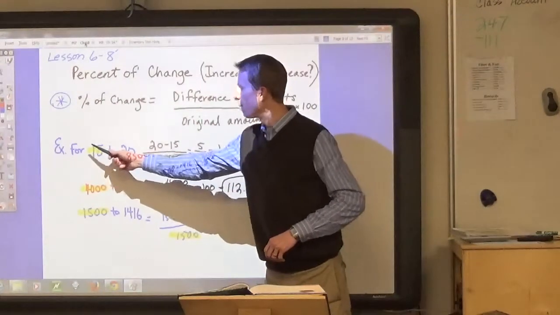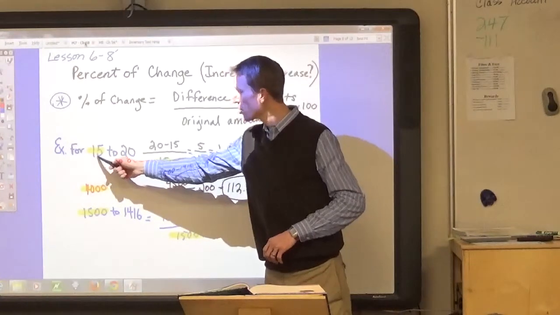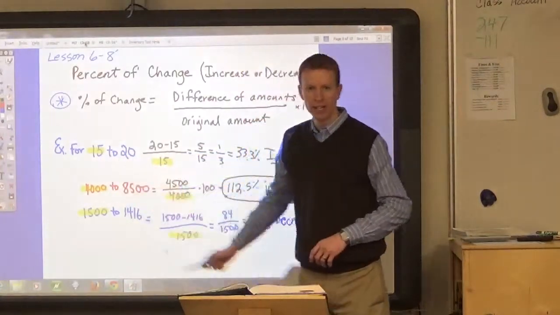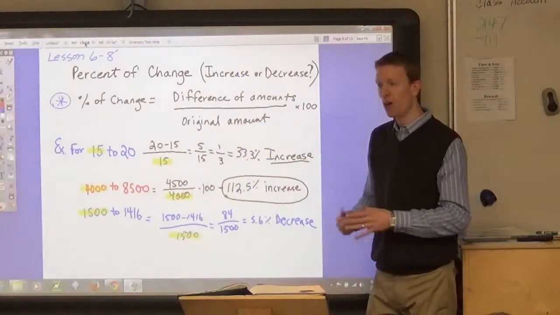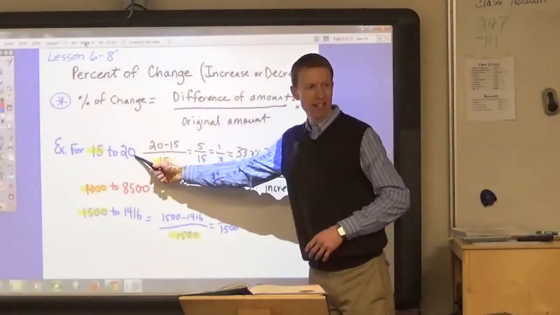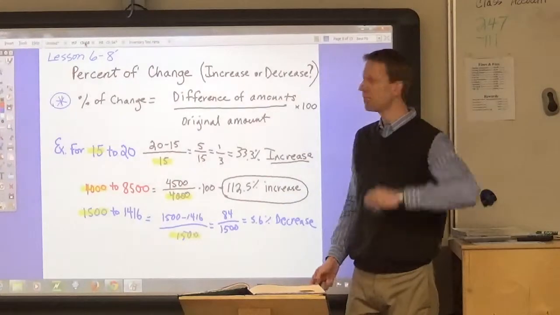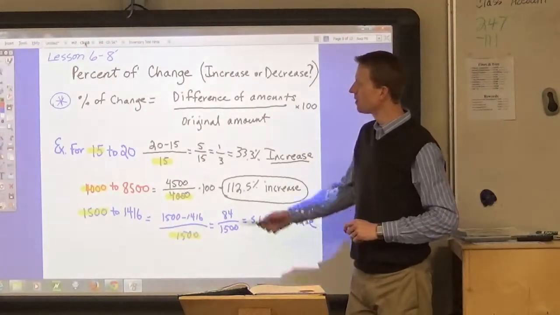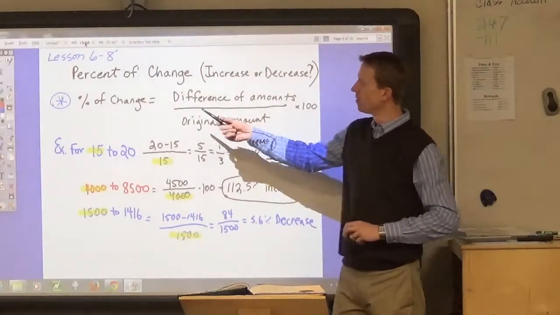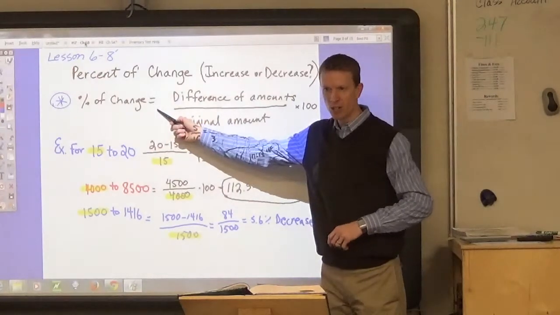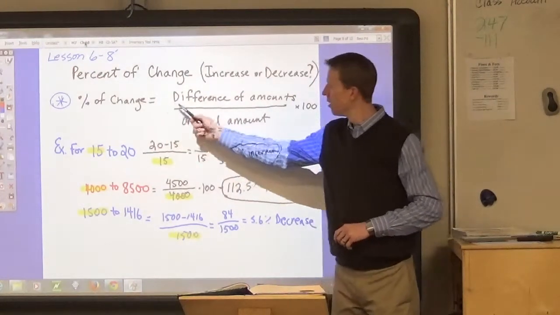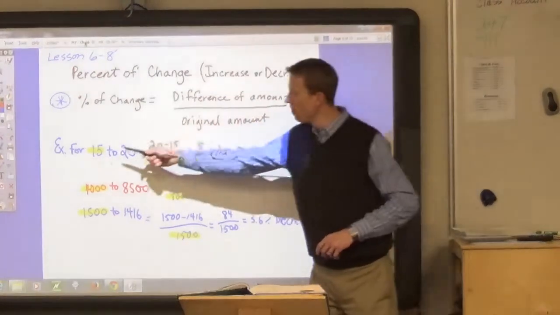Let's look at this example. If the number changes from 15 to 20, okay, automatically we can see that that's an increase, right? So how much of a percent increase? That's what we're trying to find. And the steps are pretty simple. To find the percent of change of something, you find the difference of the two amounts.